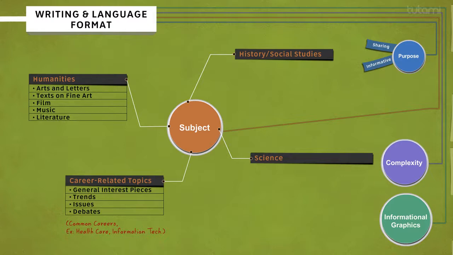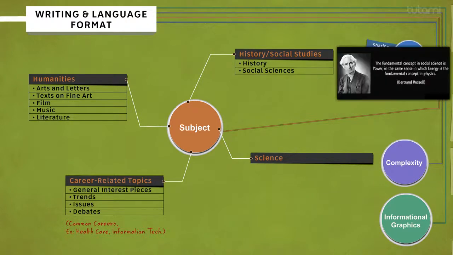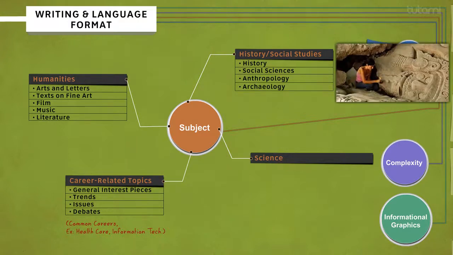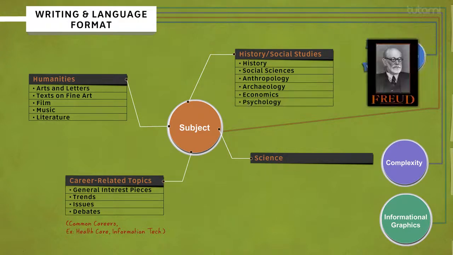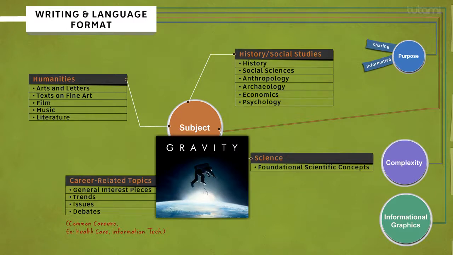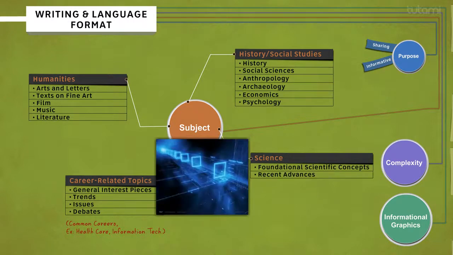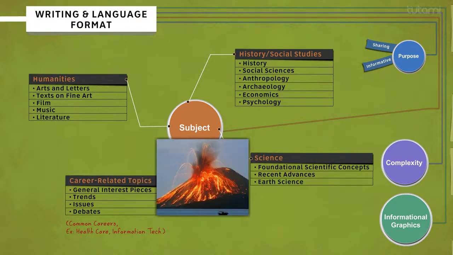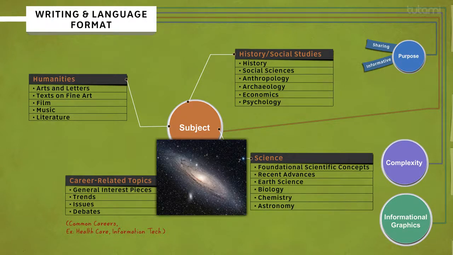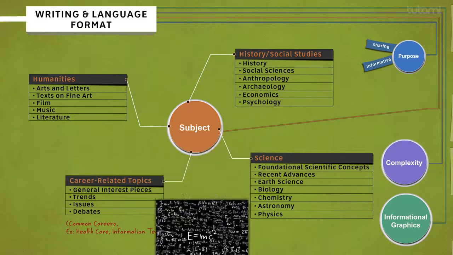History and social studies passages include texts on topics in history, as well as social sciences like anthropology, archaeology, economics, and psychology. Science passages cover both foundational scientific concepts as well as recent advances in fields like earth science, biology, chemistry, astronomy, and physics.